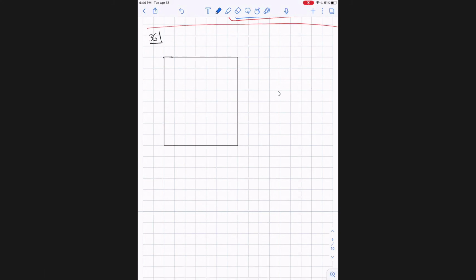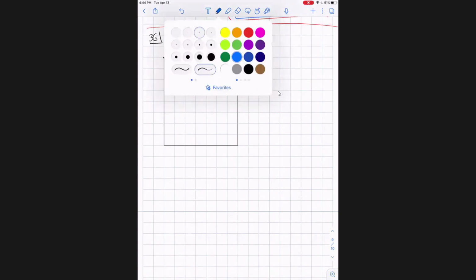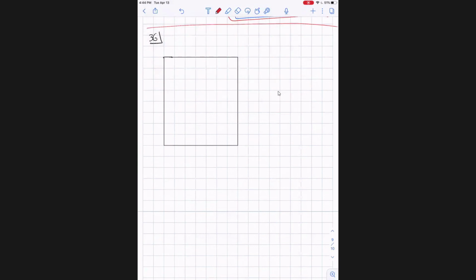So they're saying the whole poster is 180 square inches, but in the printed area, on top, you're going to have a 2-inch margin. So let's call that 2 inches, this distance right here.